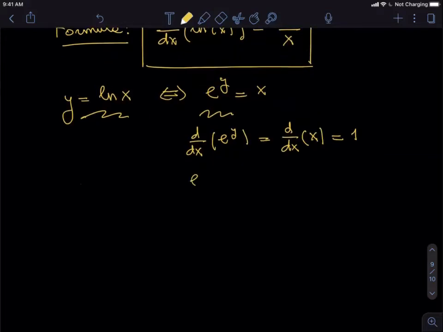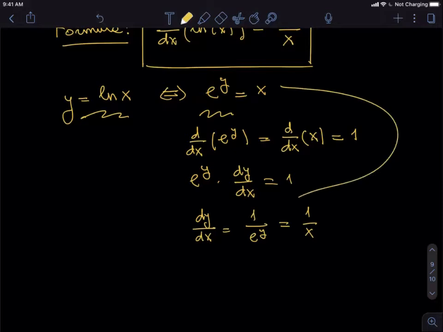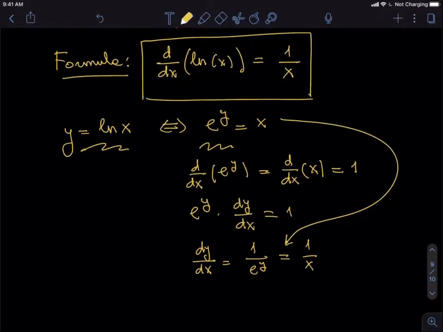The left is going to be the exponential of y times dy/dx, equal to 1, because that was the derivative of the right-hand side. And from there, I get dy/dx equals 1 over the exponential of y. And then remember that the exponential of y equals x, because y is the logarithm. So then this is 1 over x. That is the way we get this formula, the derivative equals 1 over x.